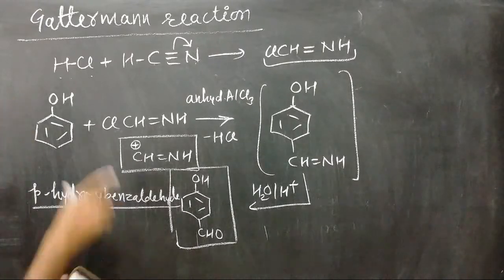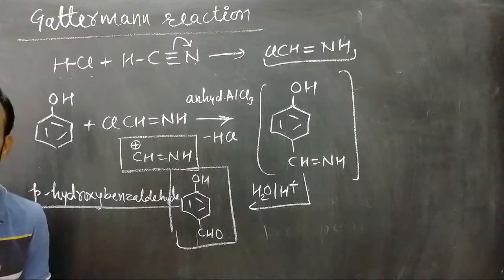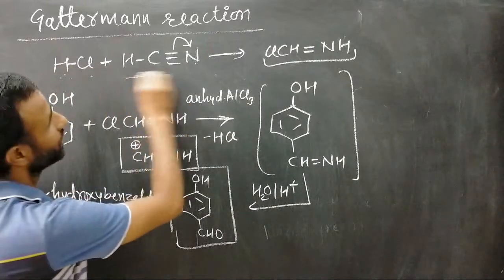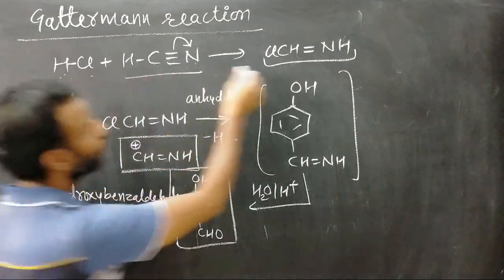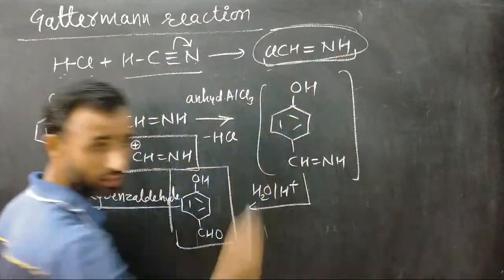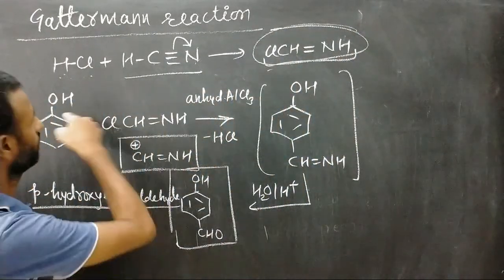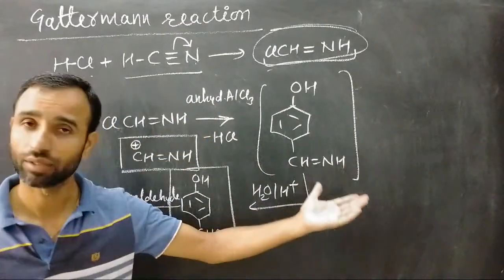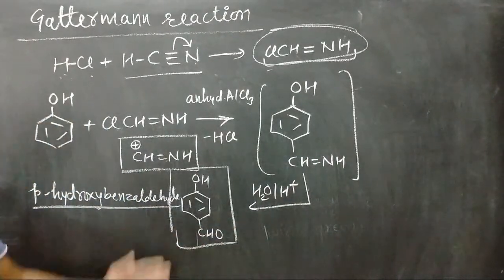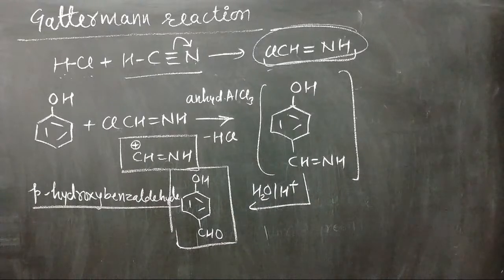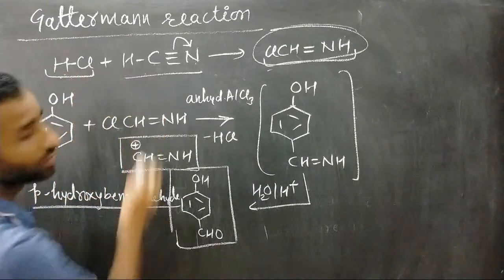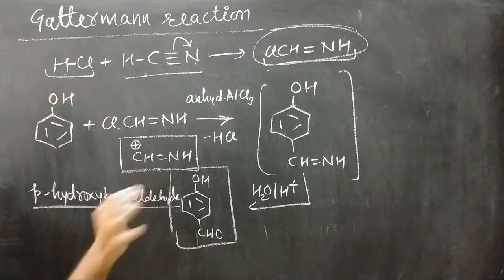Okay, so in this reaction what we do, first we have HCl and HCN. HCl reacts with HCN to give this product, which when it reacts with phenol in anhydrous AlCl3, we get this product, which on hydrolysis gives para-hydroxy aldehyde. Here HCl and HCN both are in anhydrous condition.